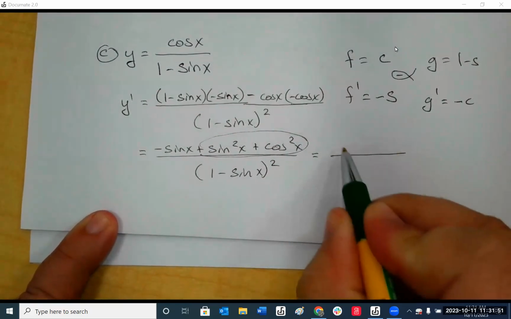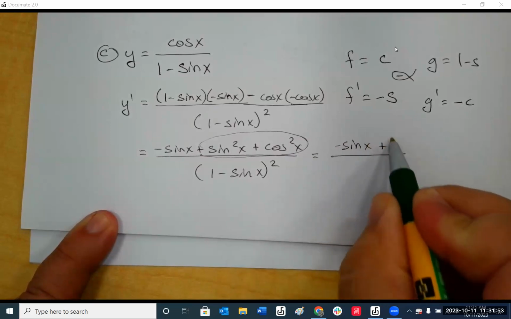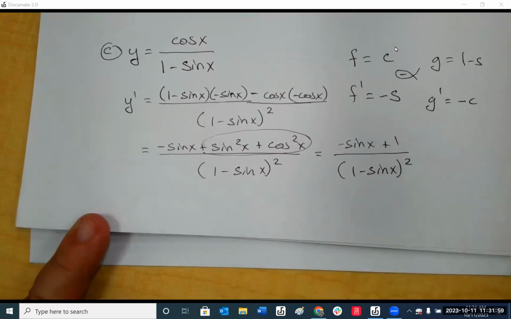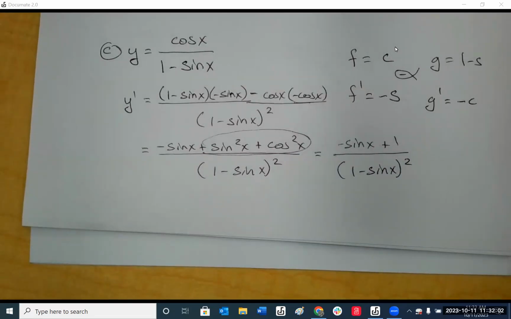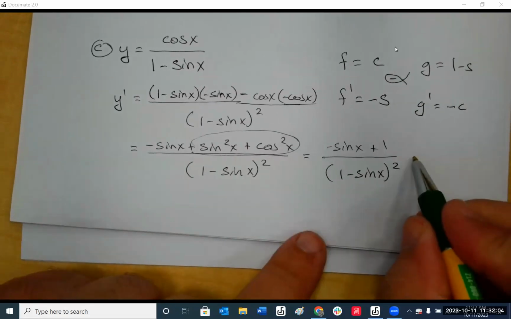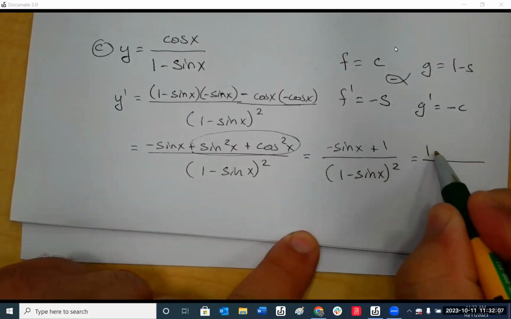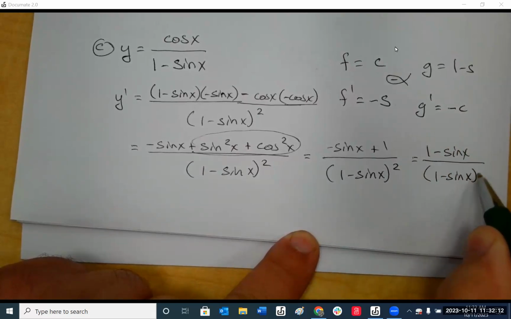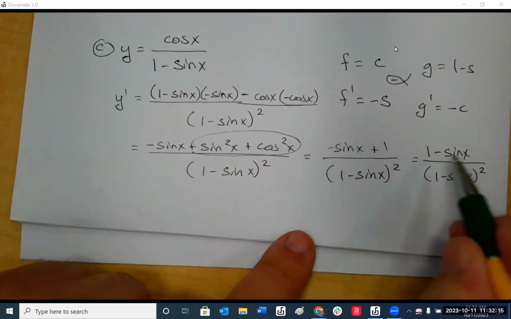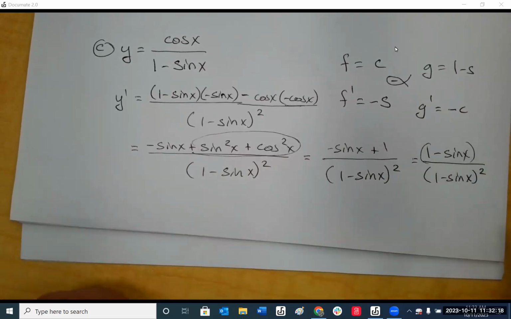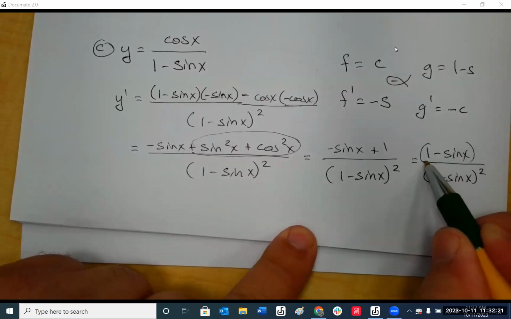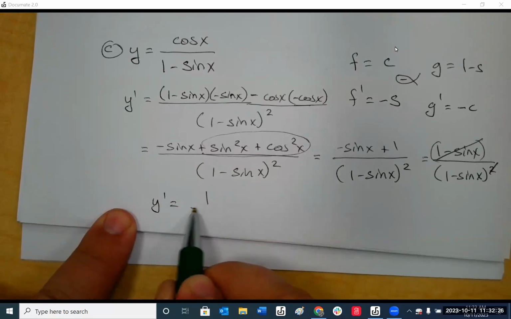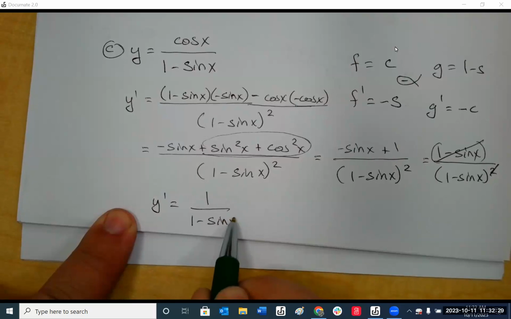So on top we have negative sine x plus 1. We can rewrite the top as 1 minus sine x. Just move them around. We have the same thing on top and bottom. So the derivative is 1 over 1 minus sine x.